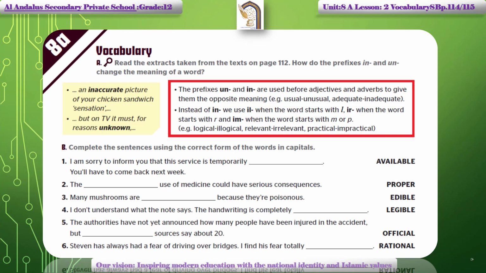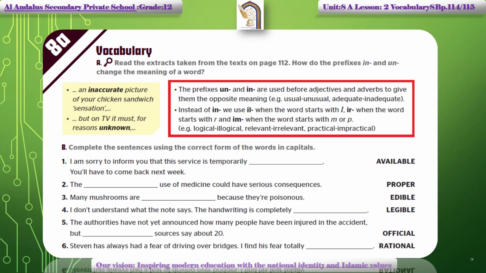Instead of in, we use il when the word starts with l, ir when the word starts with r, and im when the word starts with m or p. Examples: logical, illogical, relevant, irrelevant, practical, impractical.